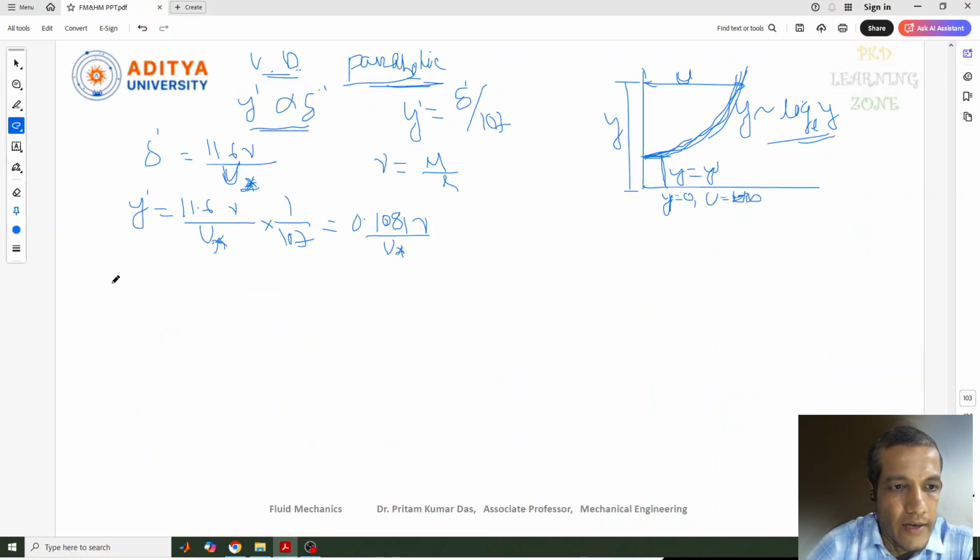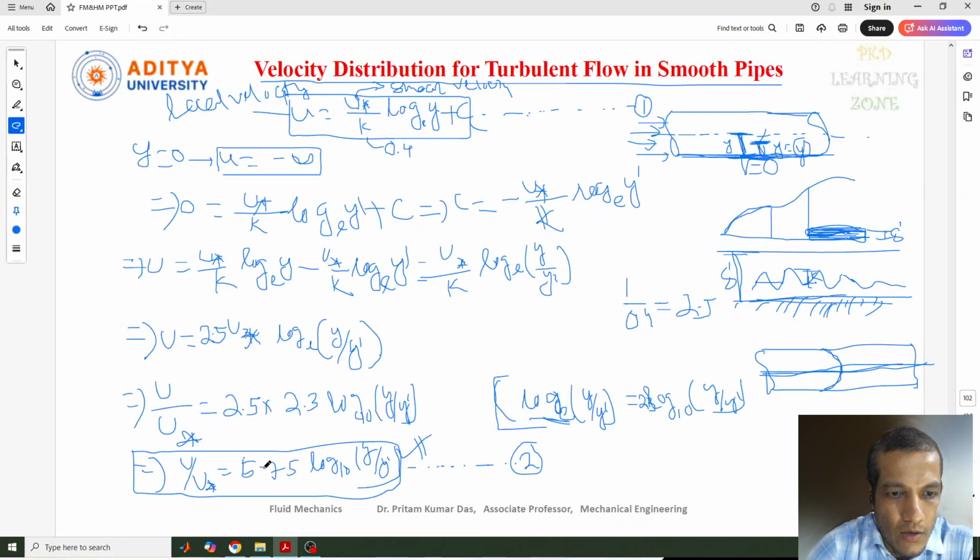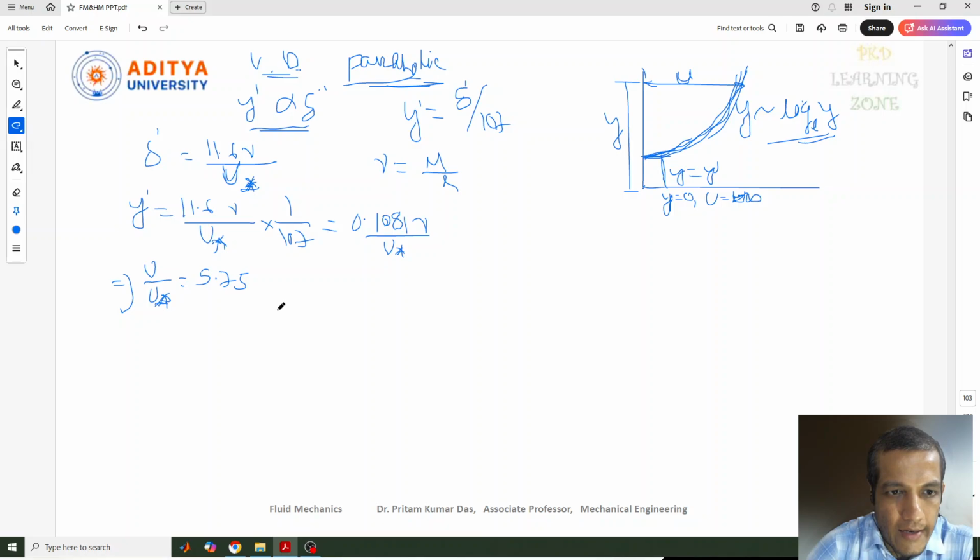Then we can write u by u star equal to 5.75 log 10 of y by 0.108 nu by u star, correct, and the bracket closes.